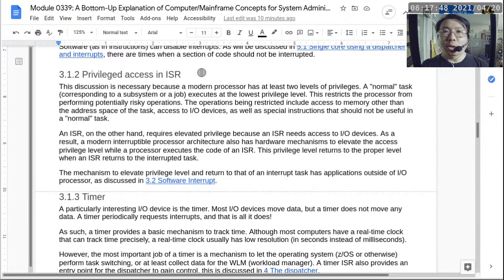So we can no longer run an ISR with restricted privileges, which also means an ISR needs to run with high privilege access.